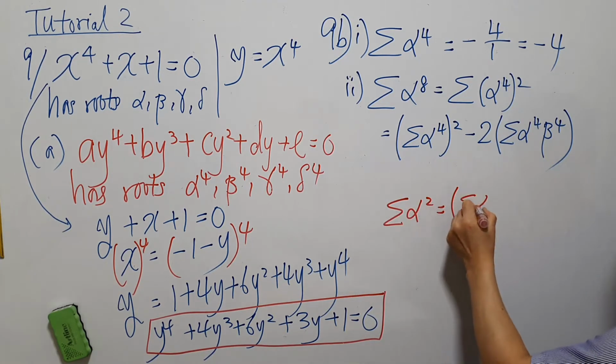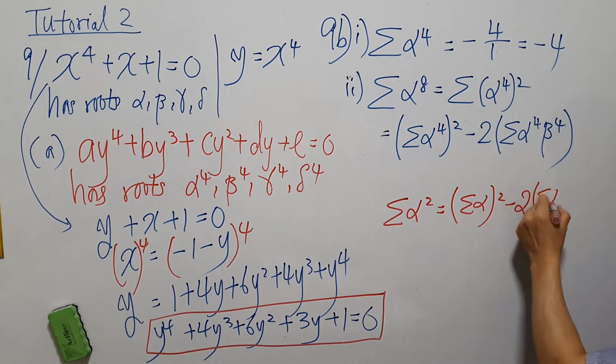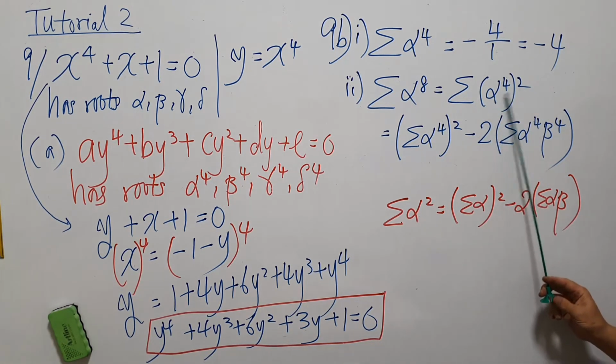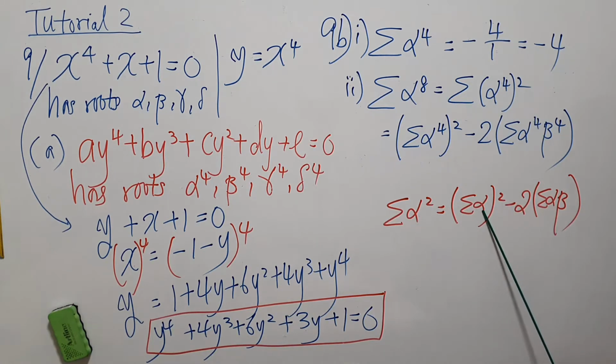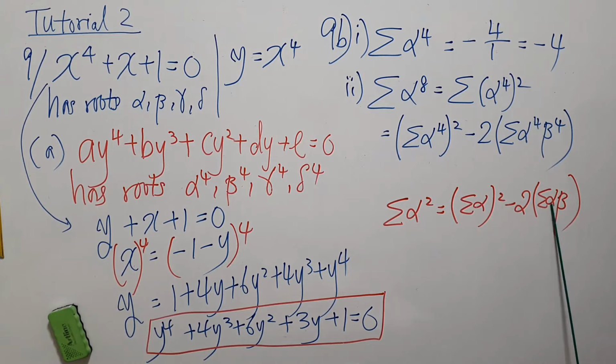Came from this expression. Just that now the roots are, be very careful. This alpha in this case is actually alpha to power 4, can you see? Alpha to power 4 and therefore beta to power 4. So I'm actually using the same expression as what we had previously.